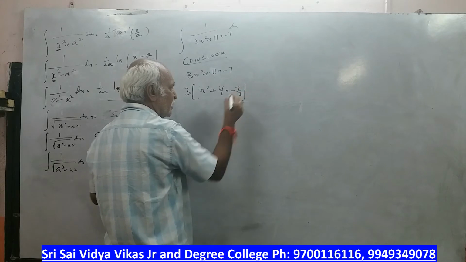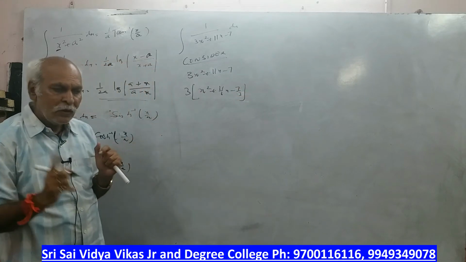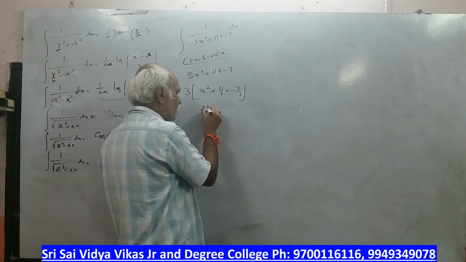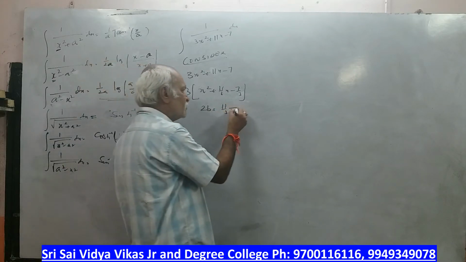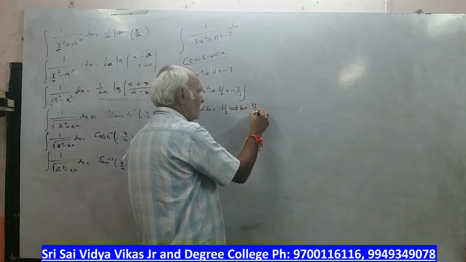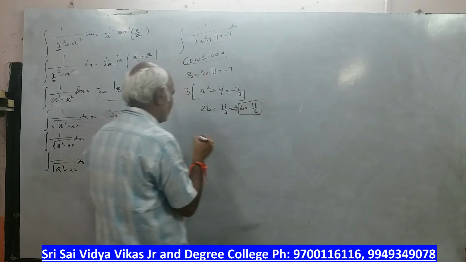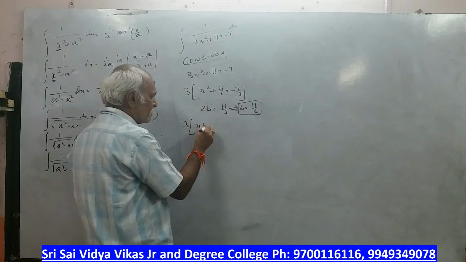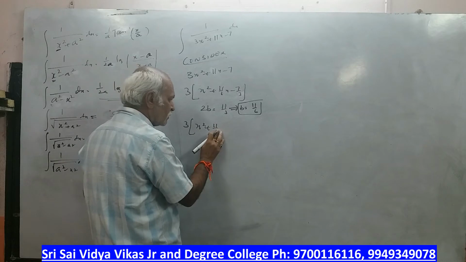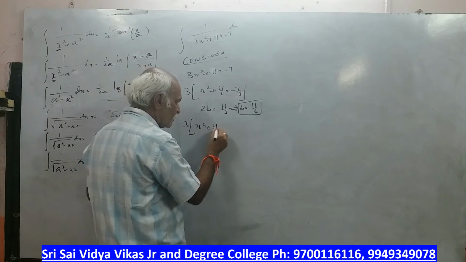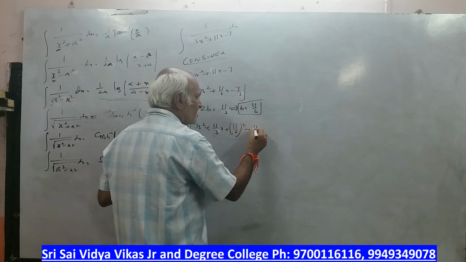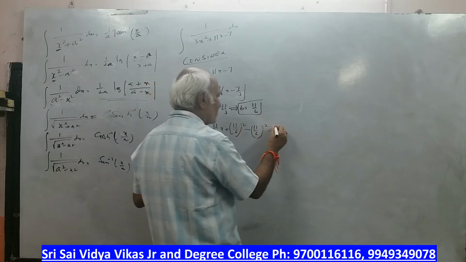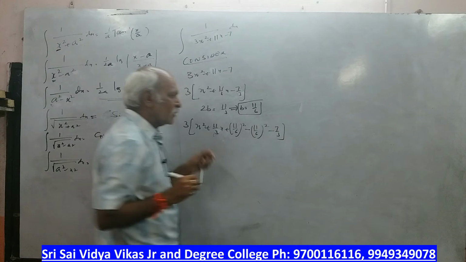First you have to take 3 common. So 11 by 3 will come. Now I told you the x coefficient is always 2b. Therefore, what is the b value? 11 by 6. Therefore 3 into (x + 11/6)² − (11/6)² − 7/3.